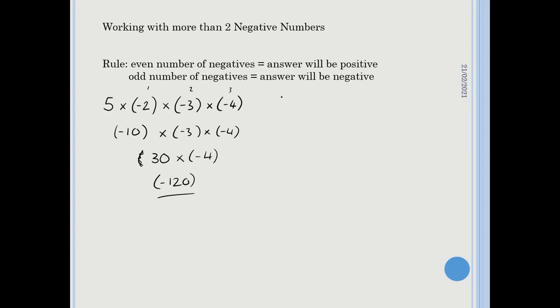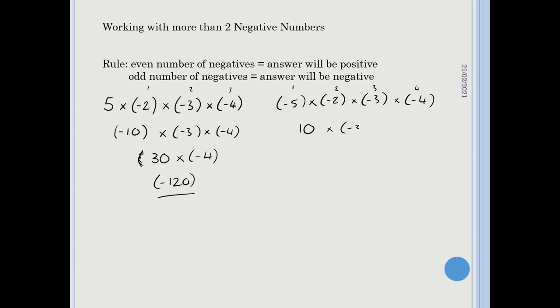What happens if we do that again, but we make all the numbers negative? So this time I've got 1, 2, 3, 4 negative numbers. So given our rule, we should expect our answer to be positive. Let's find out. Negative 5 times negative 2 is going to give me positive 10 because two negatives make a positive.